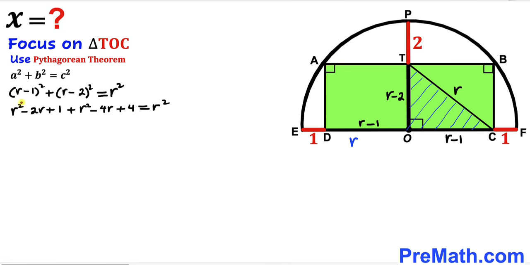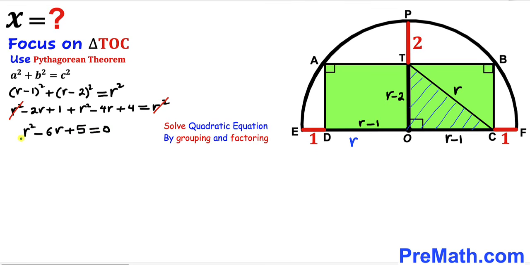Now we can see this r square and this r square cancel each other out. And if we combine the like terms on the left hand side, we are going to get r square minus 6 times r plus 5 equal to 0.